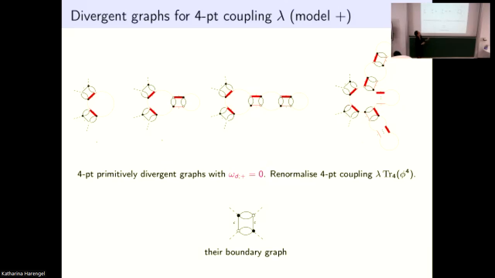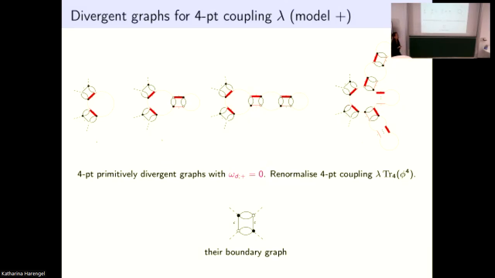You can insert in this kind of way, and there is an infinite family of them, as we wish for the just-renormalizable models. All of them have the boundary graph like this. That's why they renormalize the phi-4 coupling lambda.